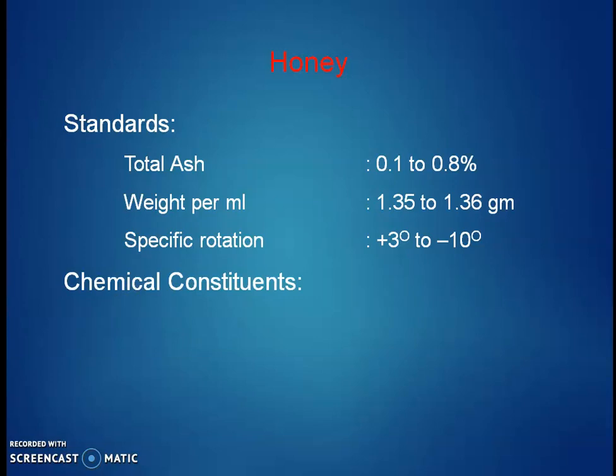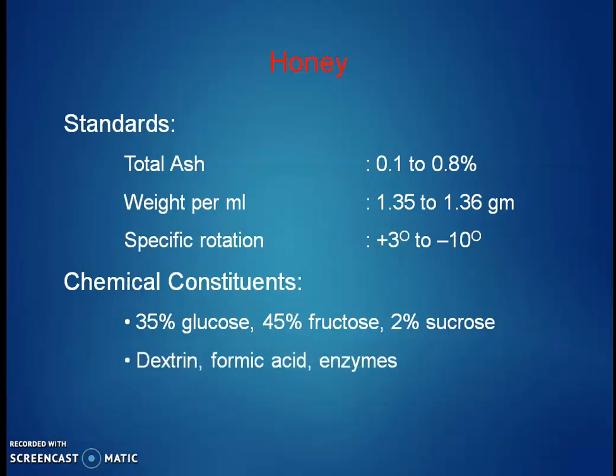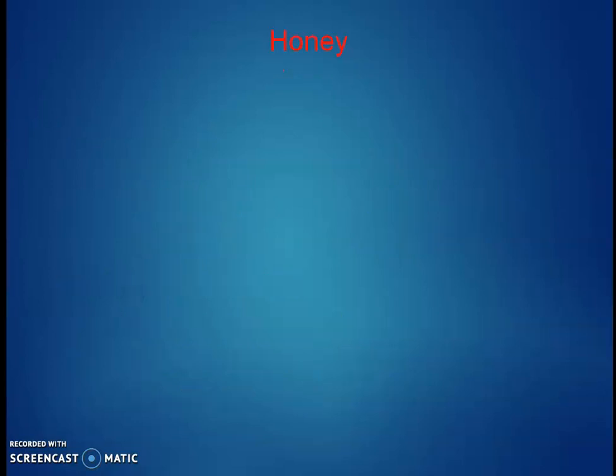Chemical constituents: it contains 35% glucose, 45% fructose and 2% sucrose. It also contains dextrin, formic acid and other enzymes. Other chemical constituents are succinic acid and gums. Then uses of honey.